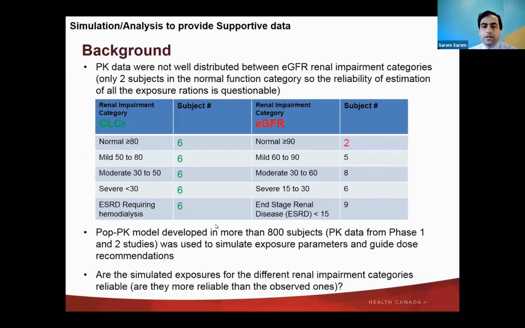But the problem was that the data used to estimate the impact of renal impairment on the exposure was not well distributed based on eGFR.